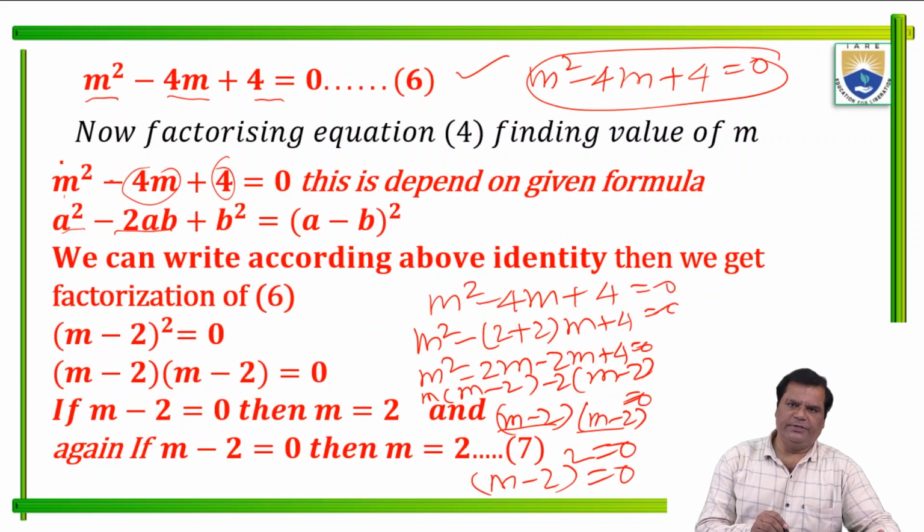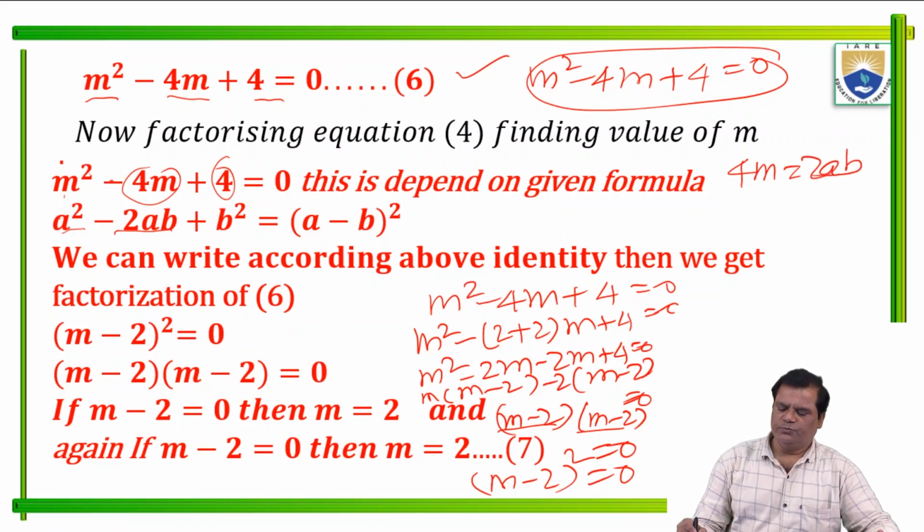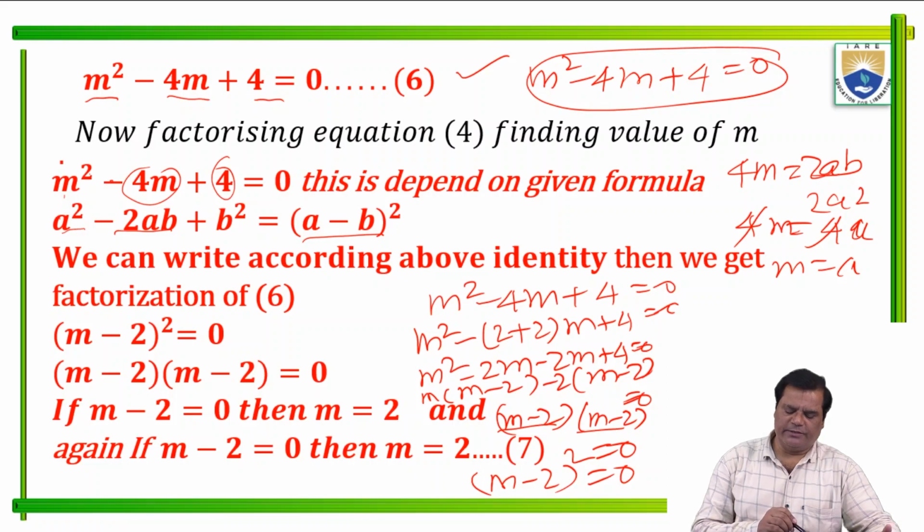Minus 4m is 2ab: with b equal to 2, 2a into 2 is 4a, and 4a is 4m, so a is m. So this is (a − b)², where a is m and b is 2.